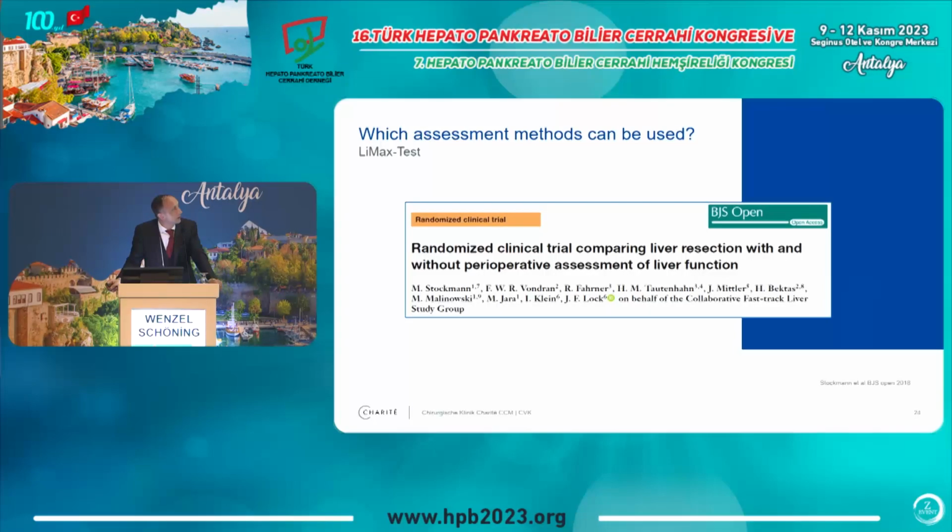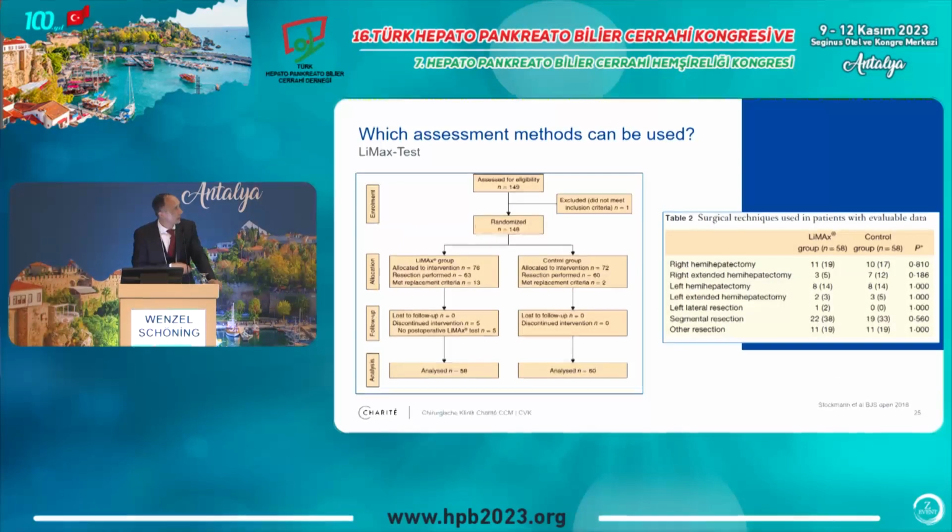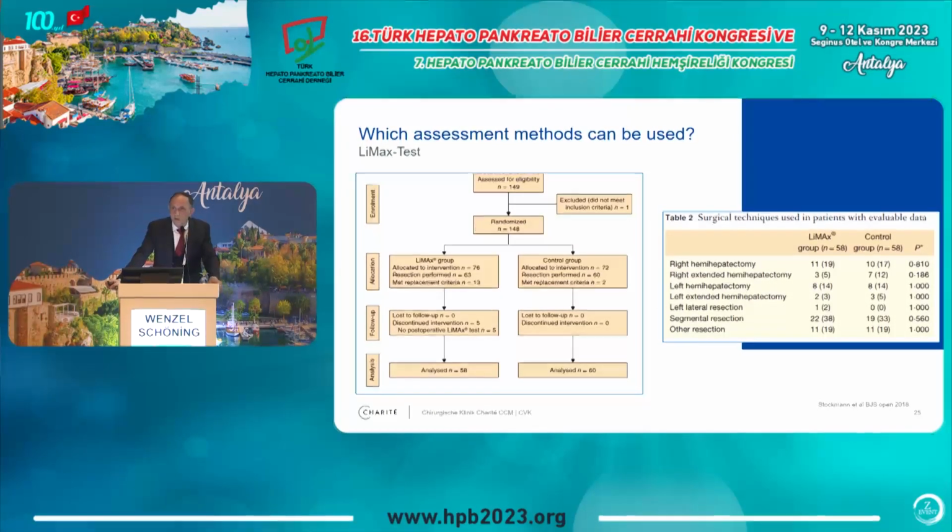The next paper on the LiMAx test is a randomized clinical trial that compared liver resections with and without the perioperative assessment of liver function with this special test. This was a multi-center randomized international trial. There were 148 patients randomized.